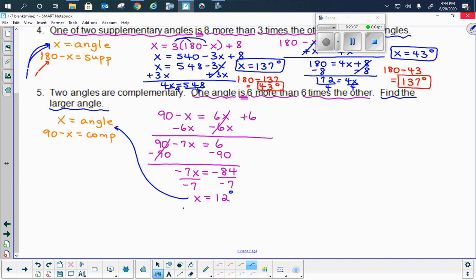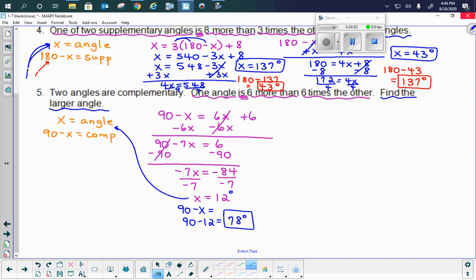The other angle would be 90 minus x, which would equal 90 minus 12, if I'm just plugging in the x. And that's going to be 78 degrees. So which one of them is larger, 12 degrees or 78 degrees? Obviously, 78 degrees. So that would be the only answer you would put in the answer blank if it were a quiz or a test.